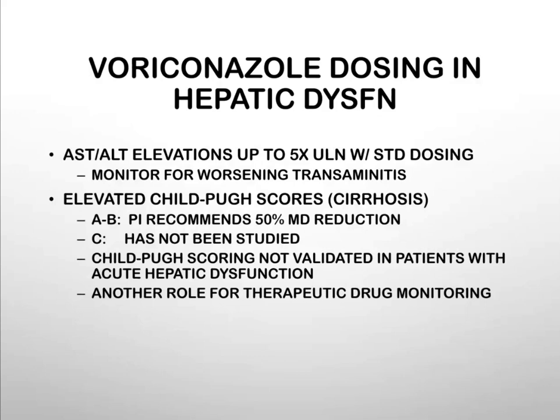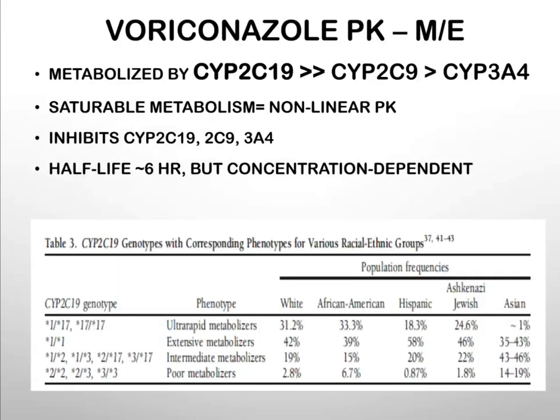The package insert does mention elevated Child-Pugh scores, which are based on scoring for cirrhosis, and they talk about considering a 50% dose reduction for Child-Pugh score A and B. What I will say is the Child-Pugh score is not validated in patients with acute hepatic dysfunction, and typically that's what we are encountering in our cancer patients. It's often chemotherapy-associated hepatic dysfunction. So I think honestly, therapeutic drug monitoring is key in those patients.